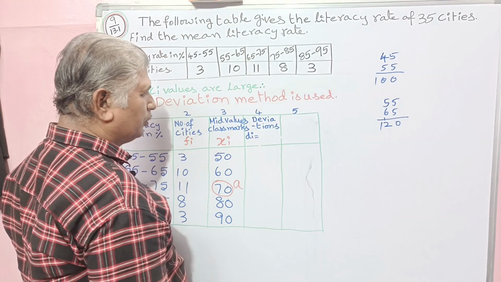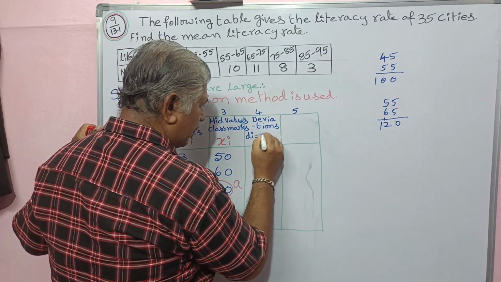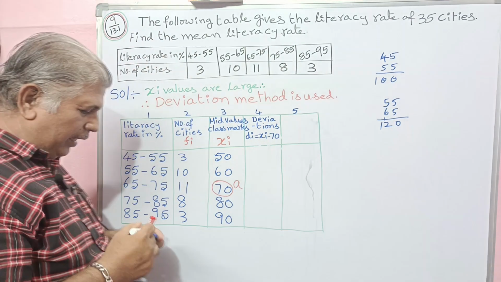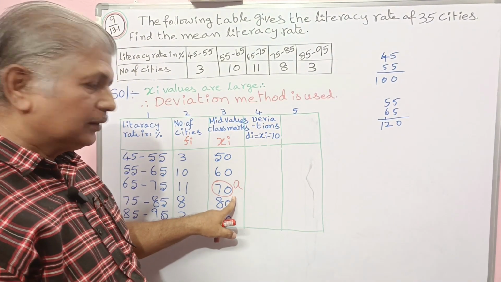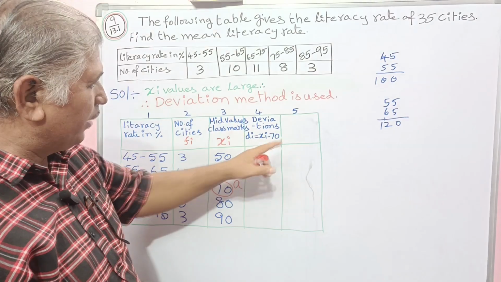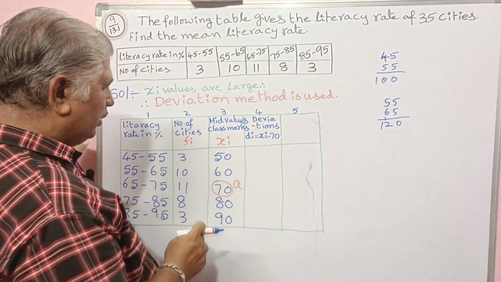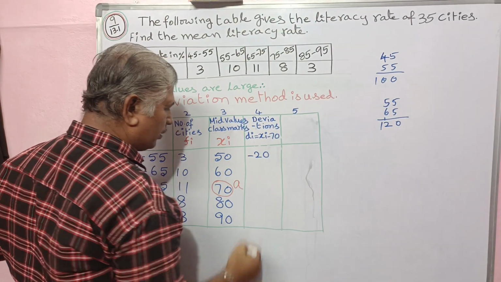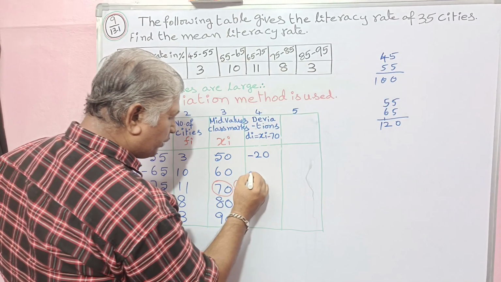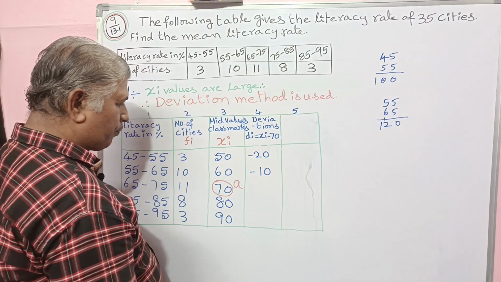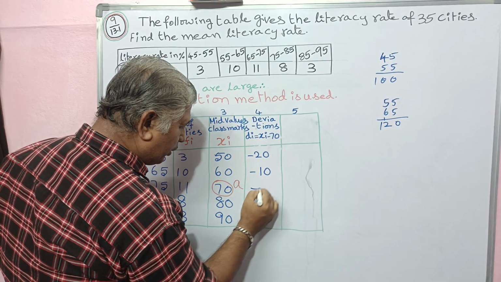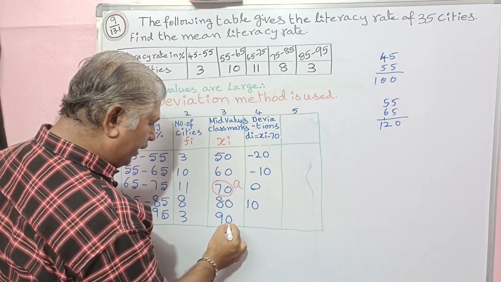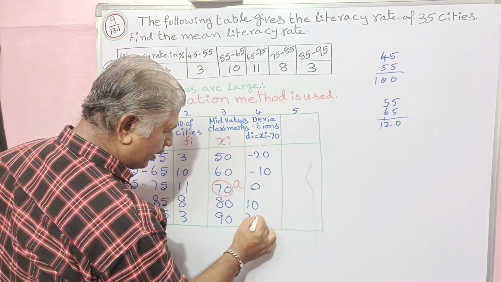Di is equal to Xi minus A. Here A is 70, so Di is equal to Xi minus 70. 50 minus 70 is minus 20. 60 minus 70 is minus 10. 70 minus 70 is 0. 80 minus 70 is 10. 90 minus 70 is 20.